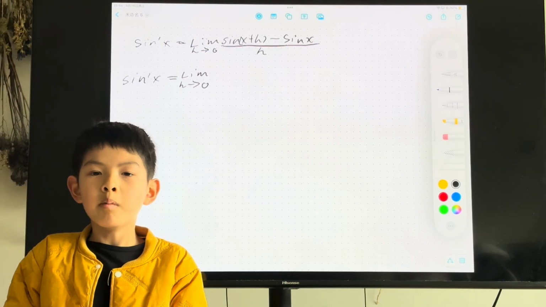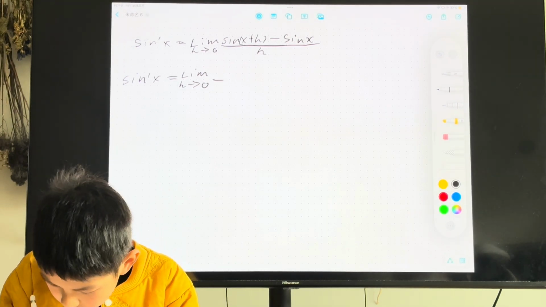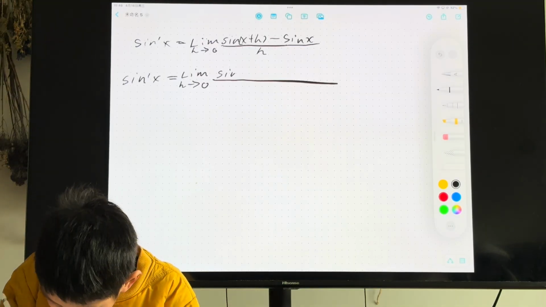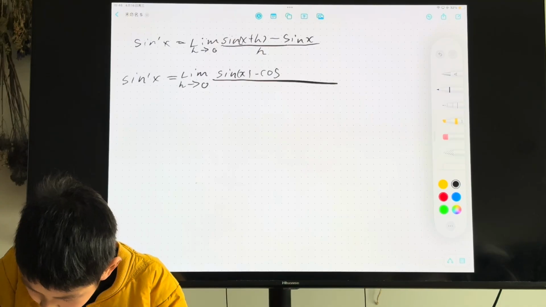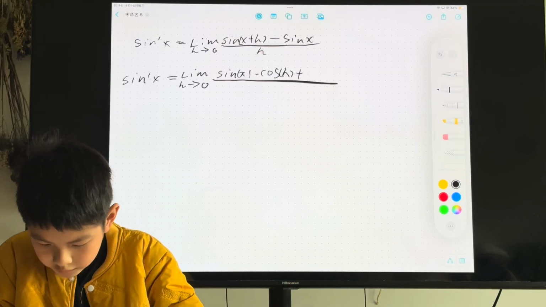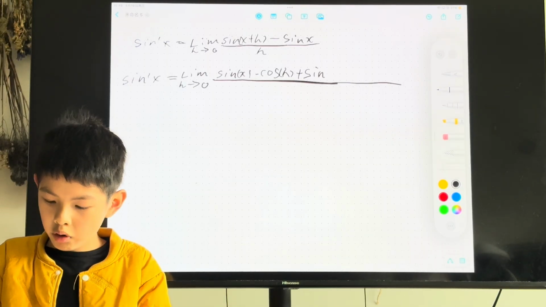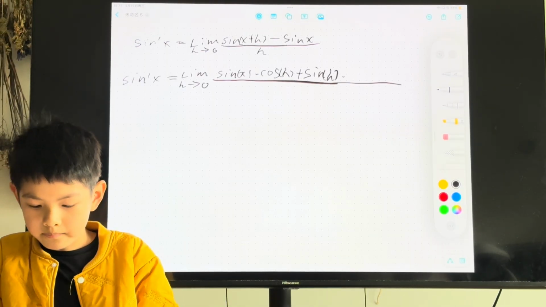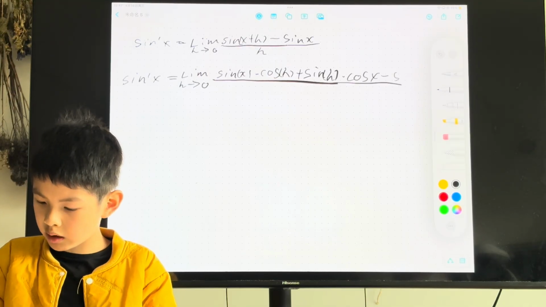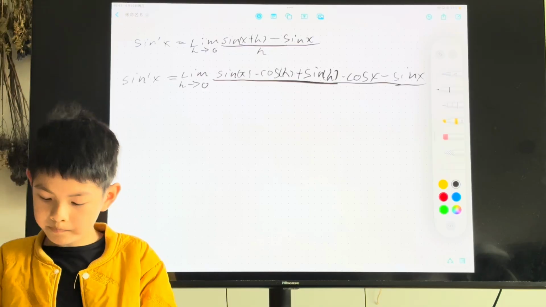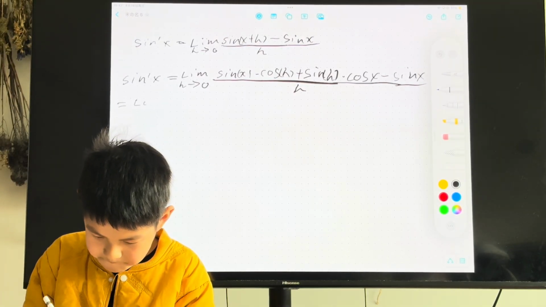We need to use a trigonometric identity to expand sine of x plus h into sine of x times cosine of h plus sine of h times cosine of x, minus sine of x, and divided by h. That is the trigonometric identity.